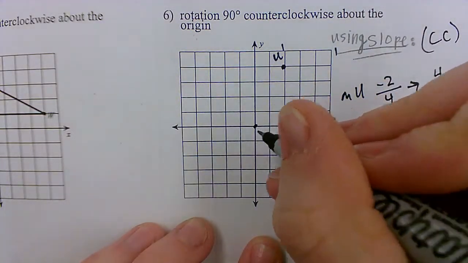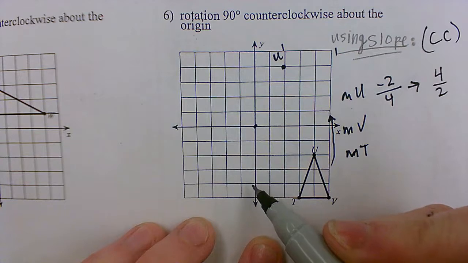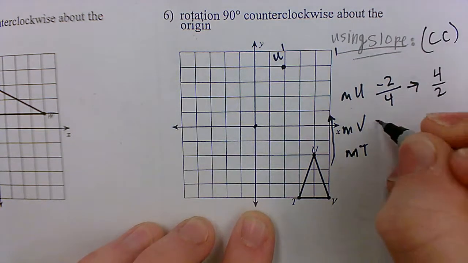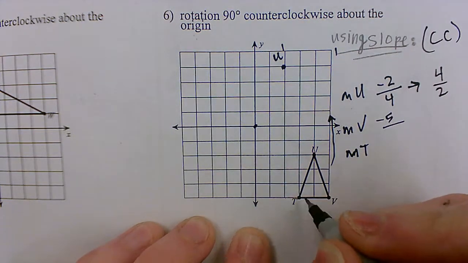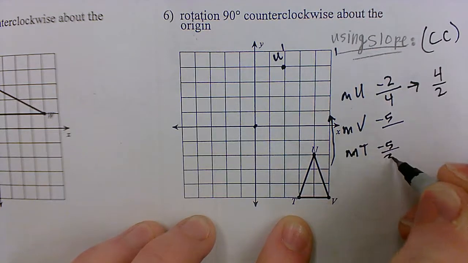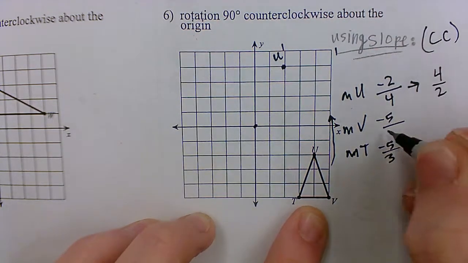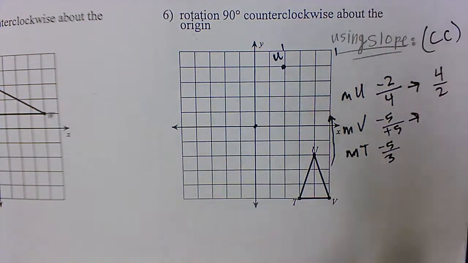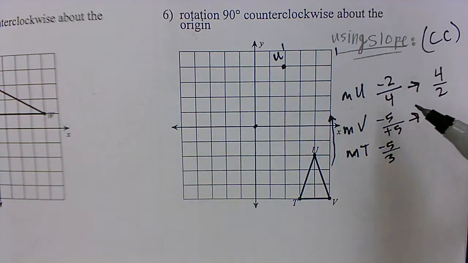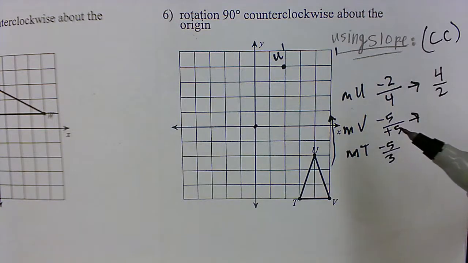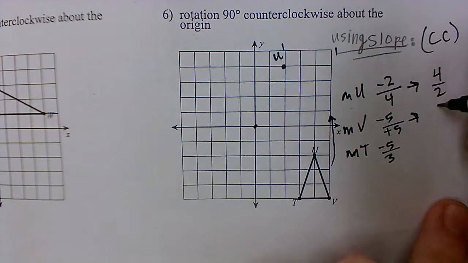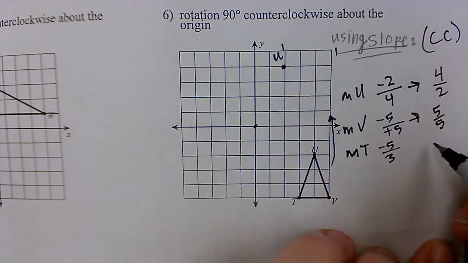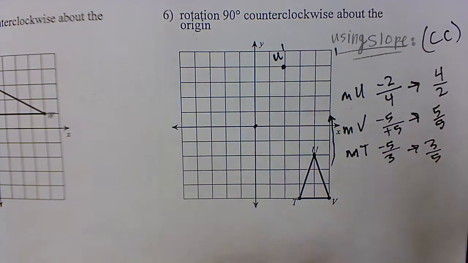V is negative 1, 2, 3, 4, 5. 1, 2, 3. Let's go ahead and do t while we're at it. 4, 5. Sorry, positive 5 down there. Okay, we don't want to abbreviate that as 1 because that tells me how many units to count. We're going to leave that alone, so that becomes 5 over 5, and this one becomes 3 over 5.